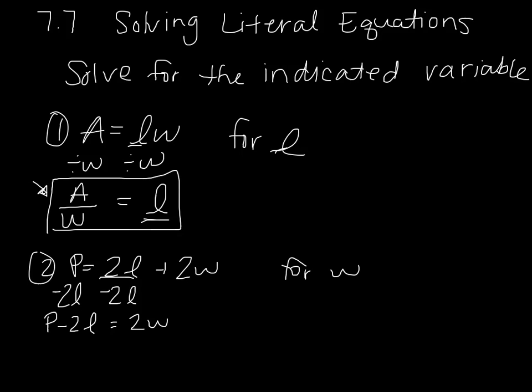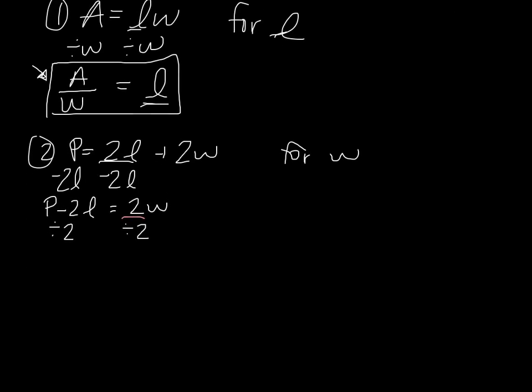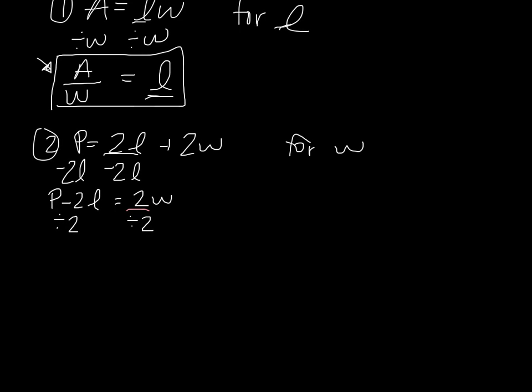So now I'm left with this pesky 2 here. How do I get rid of a 2? Right now they're multiplying, so I need to divide both sides by 2. I'm going to move up here so we can get it all in. So I've got W equals P minus 2L, divided by 2.